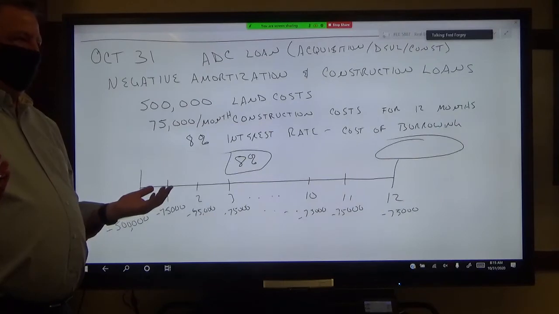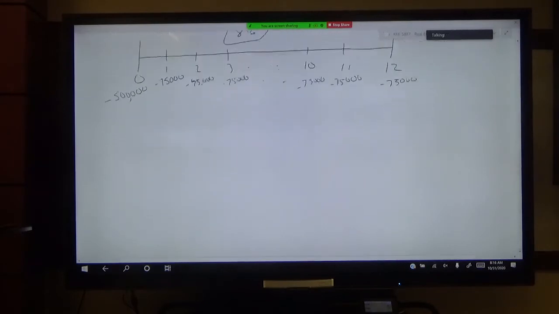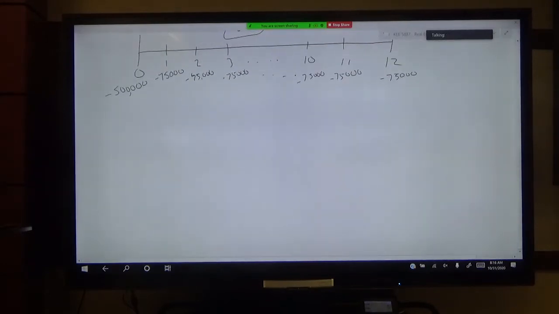Future value. Okay? So to set this up on the calculator, this is going to be 12 payments per year because it's monthly. Okay? Kind of clear everything out once you've put in the fact that it's monthly.